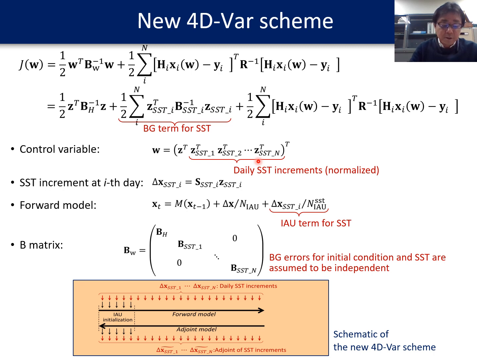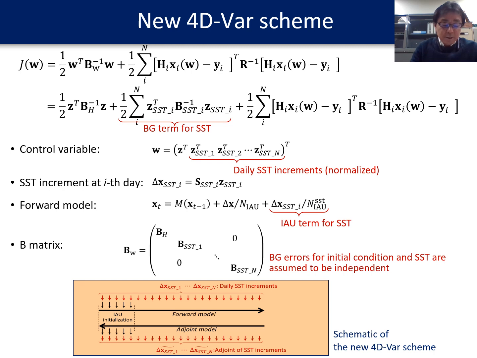So the background error covariance matrix B is represented by this block diagonal matrix. And the background term for SST is added to the cost function like this. So this 4D-Var scheme can be regarded as a kind of weak constraint 4D-Var.